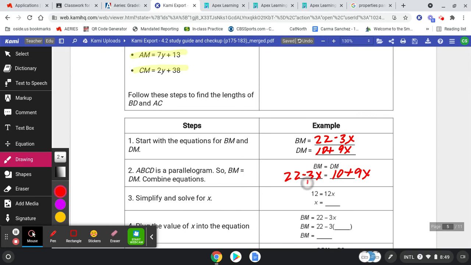We're then going to add 3x to both sides. See how they got this 12x right here? And then they subtract the 10 from both sides in the same step. See how we got 12. Take a minute to divide both sides by 12. We're noticing that yet again, x equals 1.